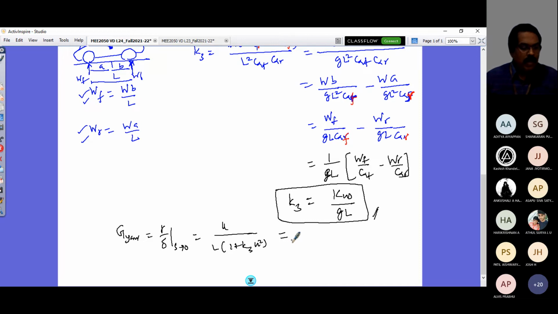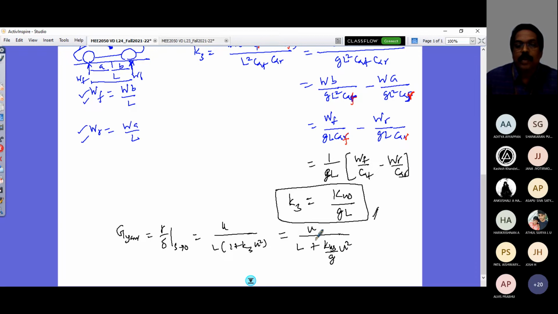How can we also rewrite that? That's going to be U by L, here I have L taken out, I just take it inside. So L plus, when I take it inside and substitute K3, L goes off, it is going to be KUS by G, KUS by G into U square.